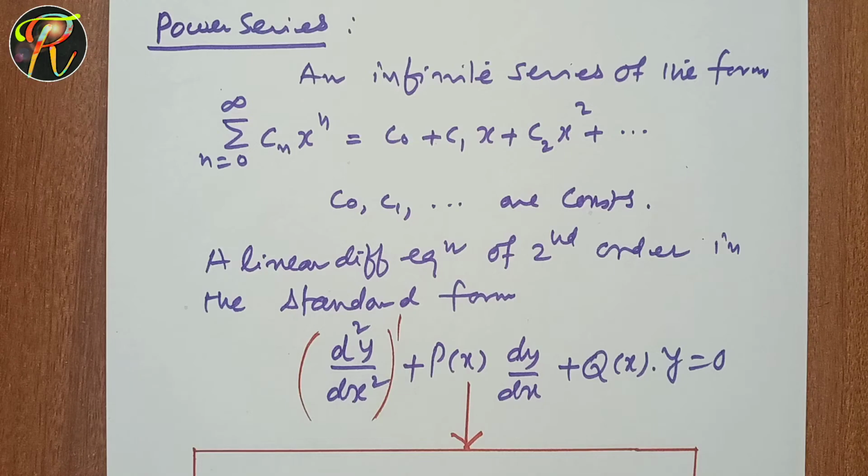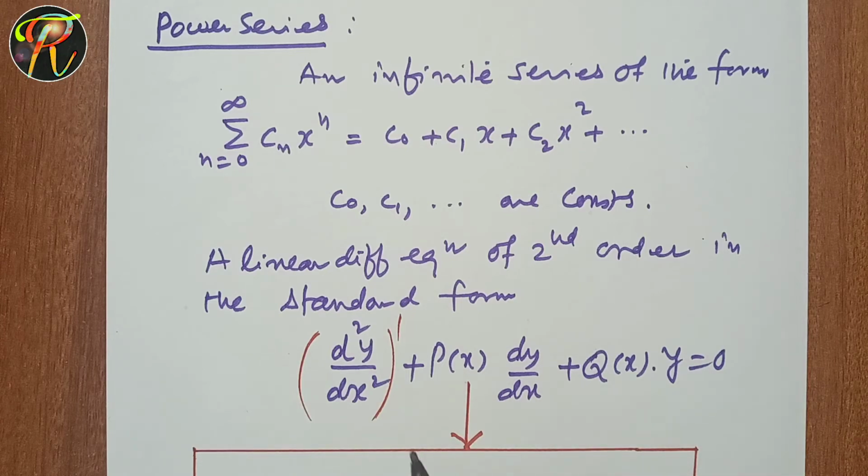Here it is interesting that the coefficient of d2y upon dx2 is 1, but in some questions we will get some function of x. So this is the difference between questions. You see this type of question very carefully. Suppose this is a standard form, where P and Q are functions of x.